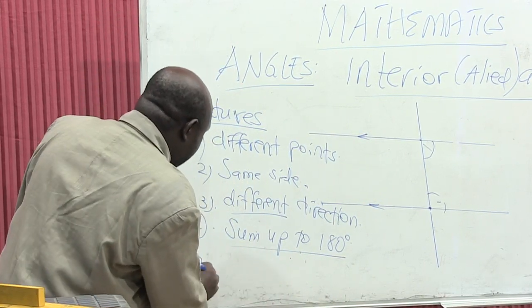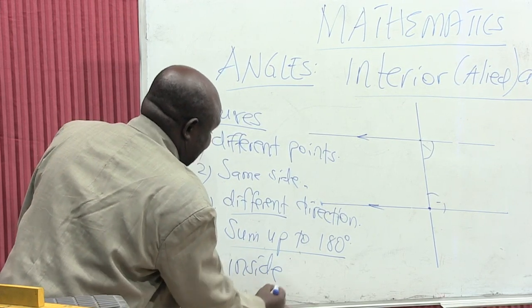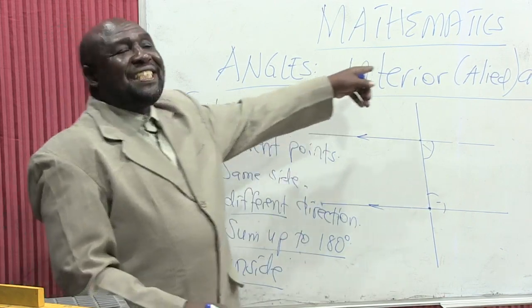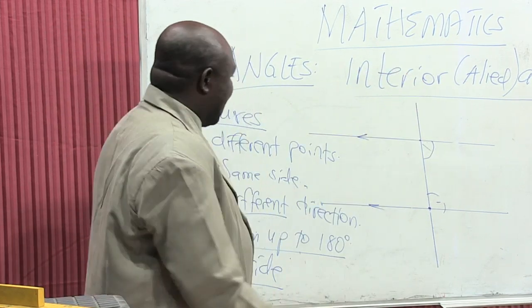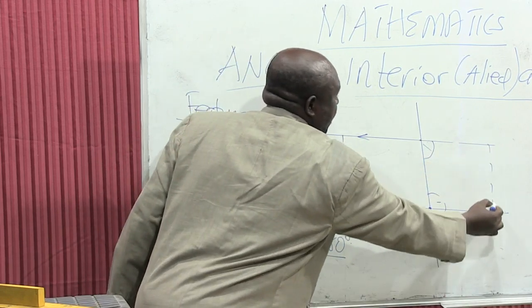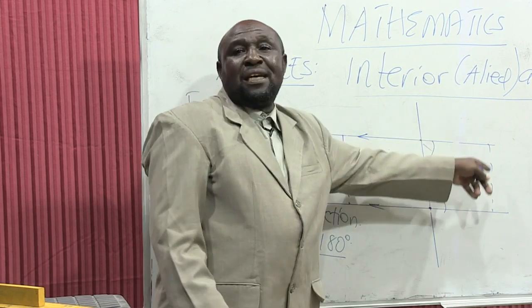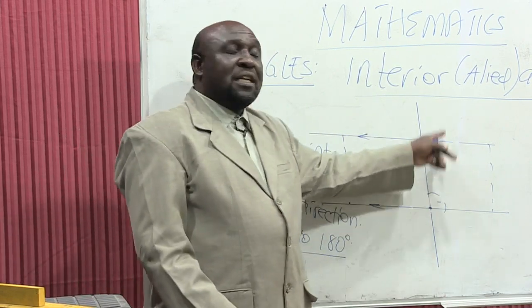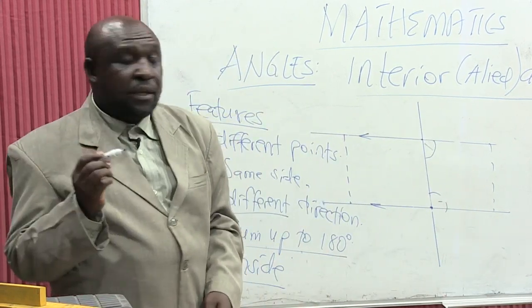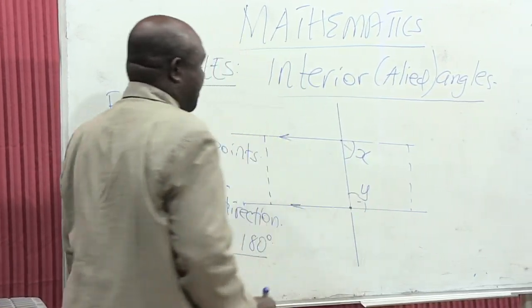Feature number 5, they are inside. That's why you call them interior, inside. If you draw here, then this angle is inside this rectangle, and that one inside. So you say if this is x, this is y.